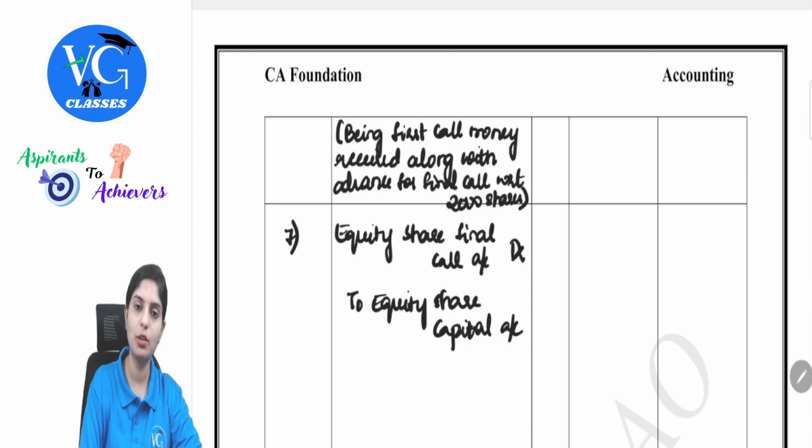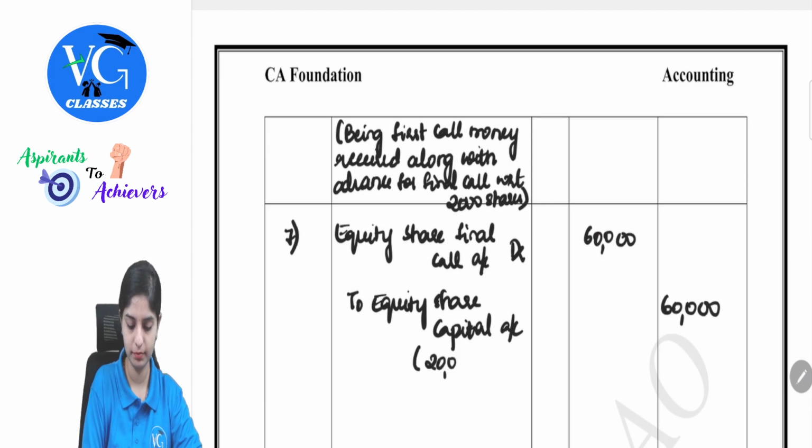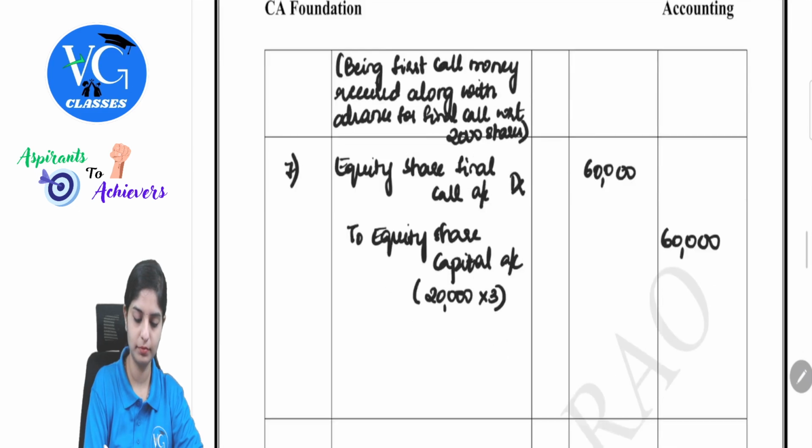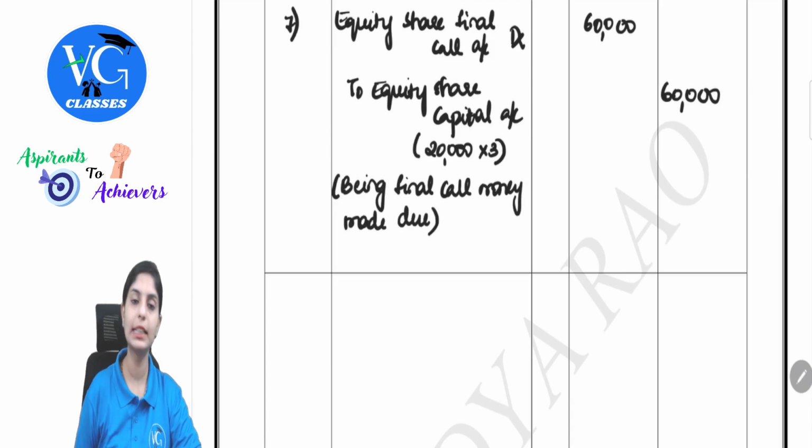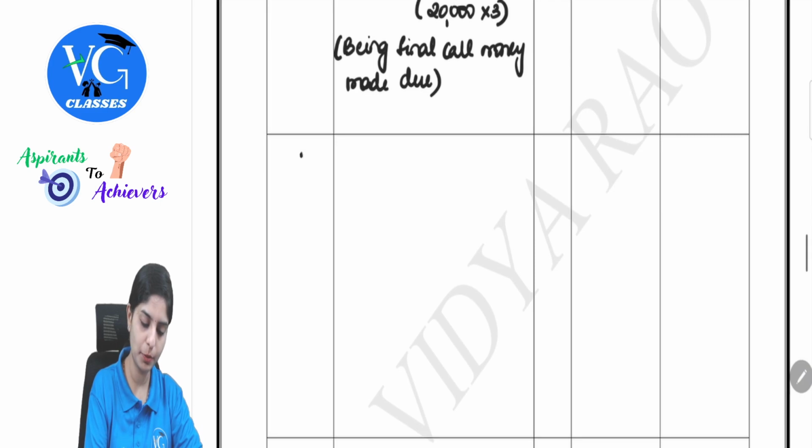Now 20,000, 3 rupees, so 60,000. Being final call money made due. Clear? Next would be receipt entry.